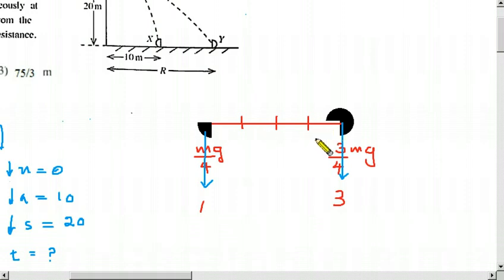Since the value of this left side force is 1, you have to take the length from this right side, not from this side, since this one is here. You have to take the length from this side, one piece.